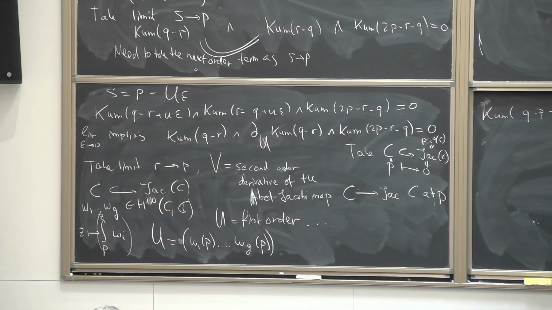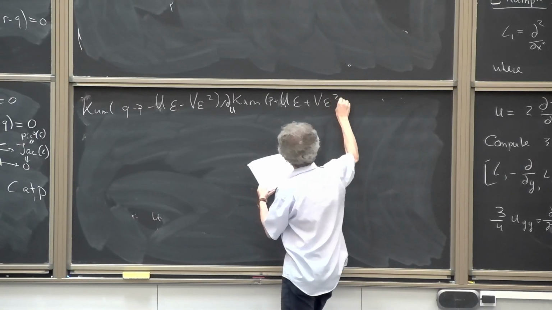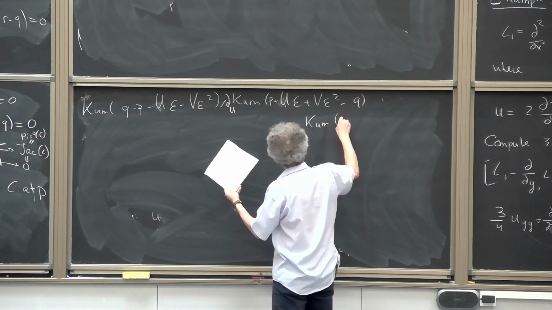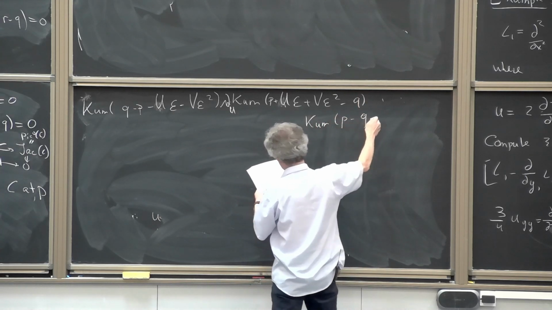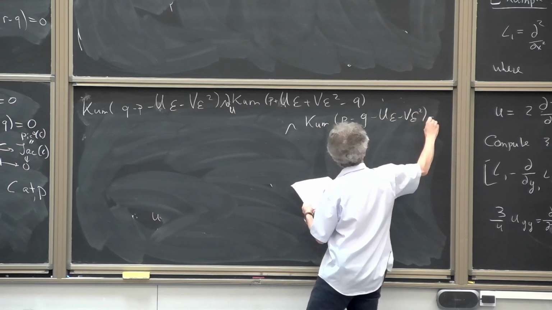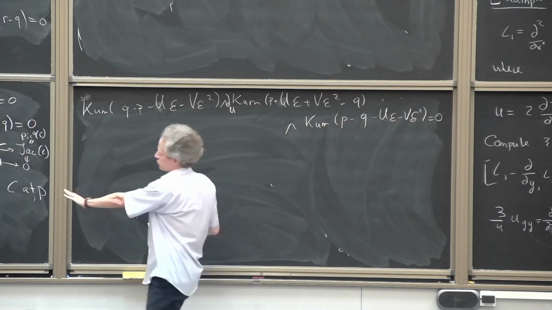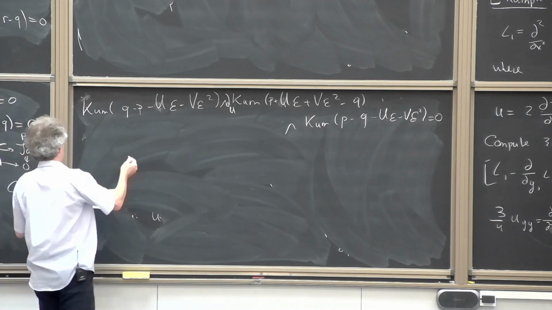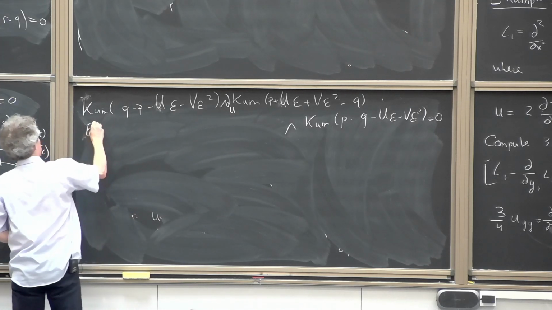P plus U epsilon plus V epsilon squared minus Q, which is a Kummer image. And I have written this with a P, but anyway. Right, so in this formula, I haven't yet substituted P equal to 0. But just look at this. This is just completely explicit. And I can just expand it.